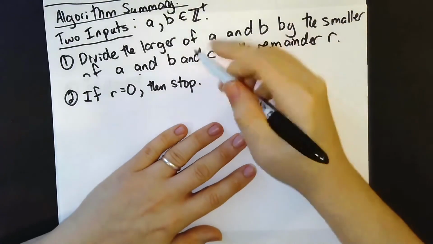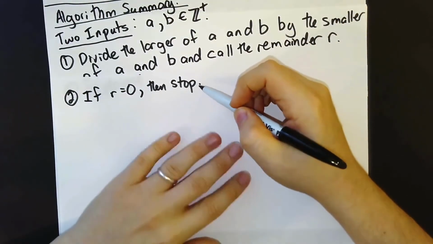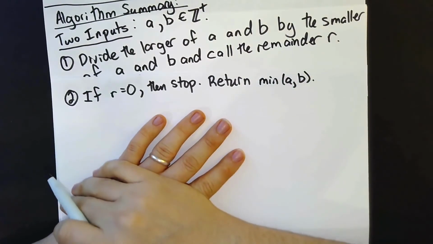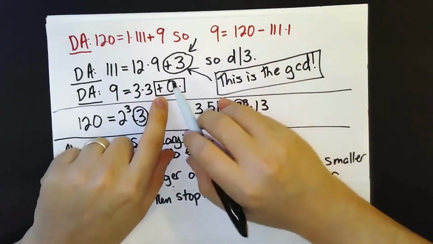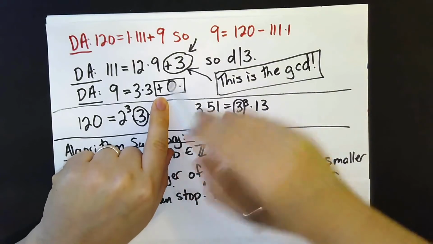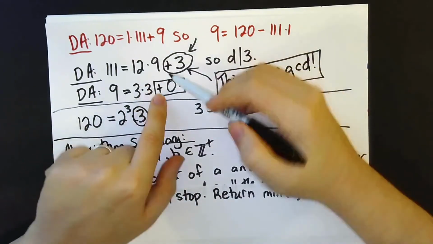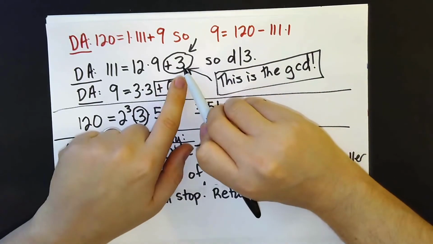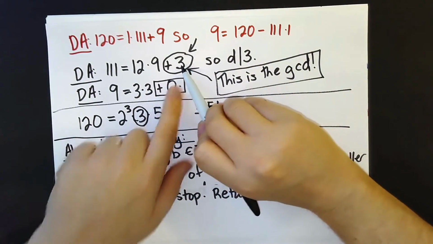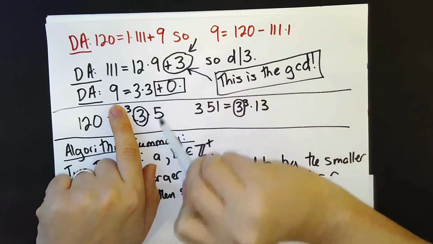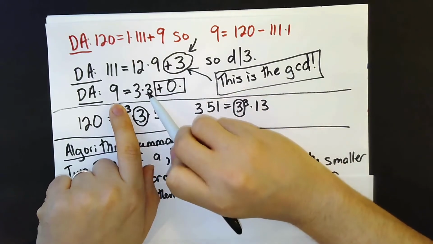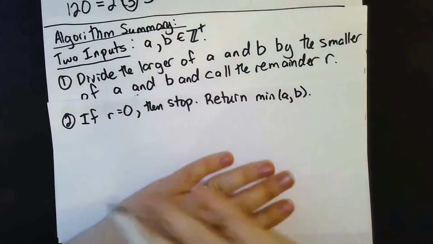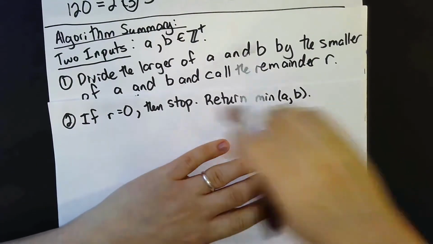And upon stopping, we have to actually say what the answer is, and the answer is going to be the smaller of A and B. This is, again, what happened when we got to this last step here. When we got to the 0, that said, aha, we are done. I just need to go one step back and look at what the previous remainder was, which will be the smaller of A and B. Now, you might be inclined to say, wait a second, A and B are the inputs.